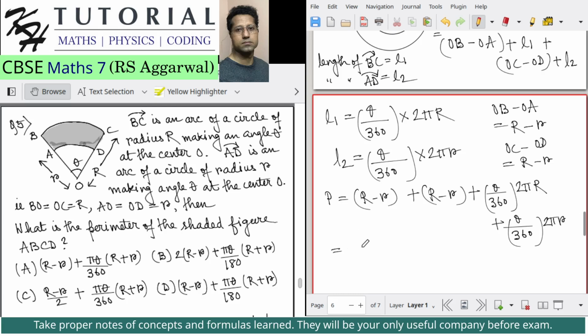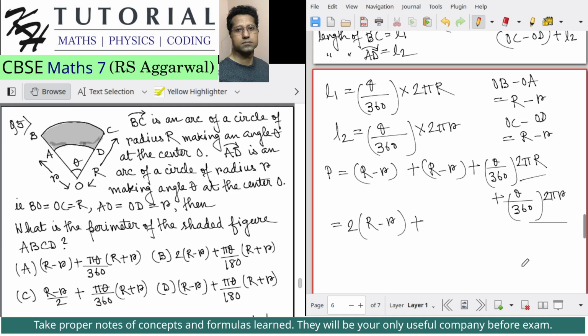If you simplify this, we have 2 times capital R minus small r, plus, from these two terms I can take common 2 pi theta by 360, and I will have capital R plus small r. This should be the perimeter of the shaded region.